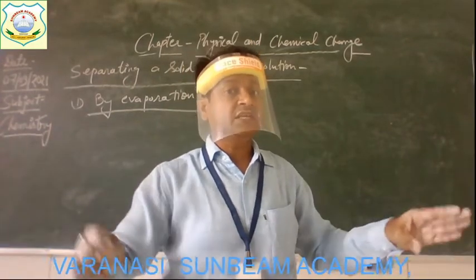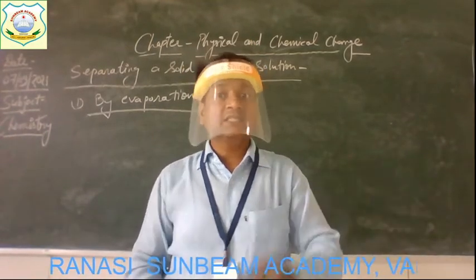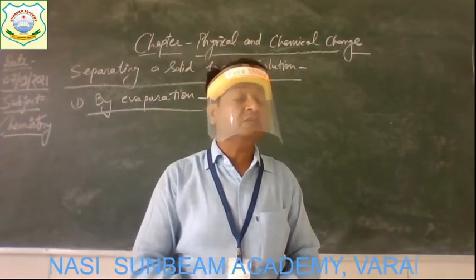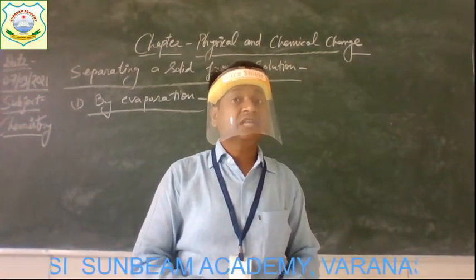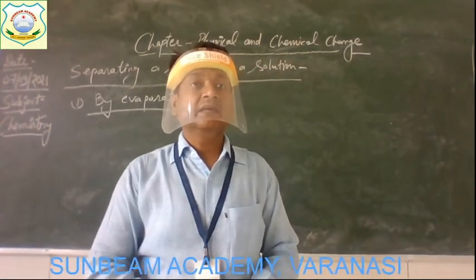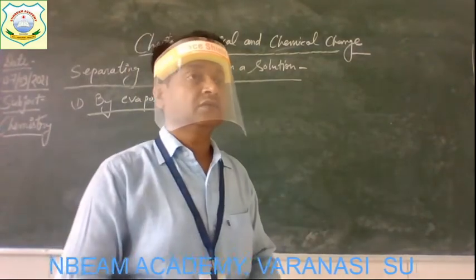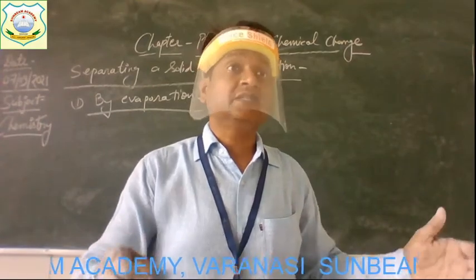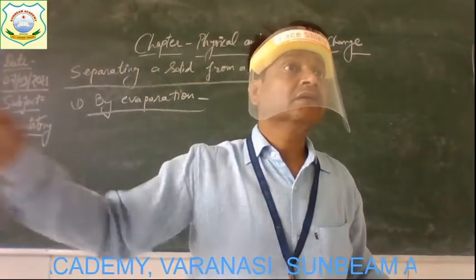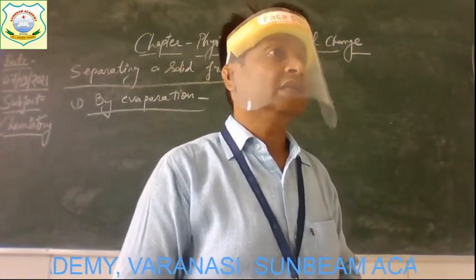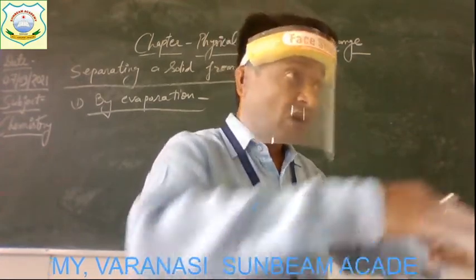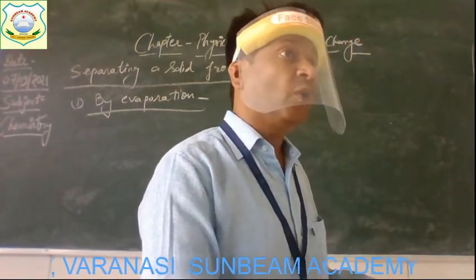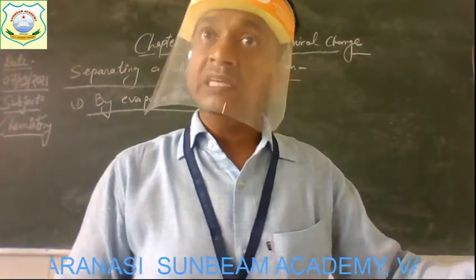So the process is that to obtain the salt from the seawater, first the seawater gets collected in shallow ponds. Where does the seawater get collected? Shallow ponds made near the sea. The shallow ponds, not very deep ponds, shallow ponds made near the sea.